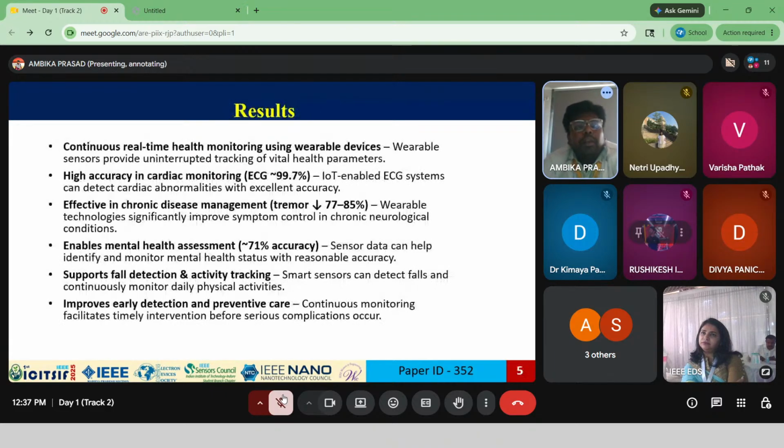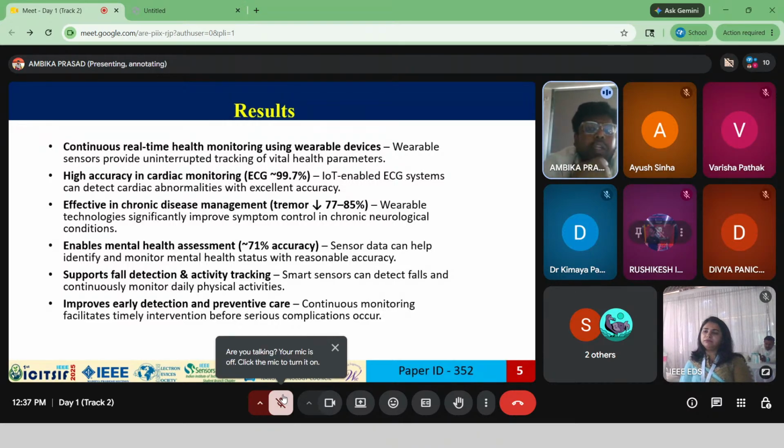After the narrative review of many of the literatures, we found the following results. First, continuous real-time health monitoring using wearable devices: wearable sensors can provide uninterrupted tracking of vital parameters like respiratory rate, pulse, blood pressure, and temperature. Second, high accuracy in cardiac monitoring: the ECG sensing and heartbeat monitoring systems were accurate to around 99.7%.